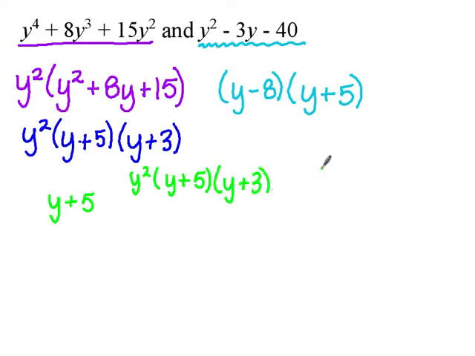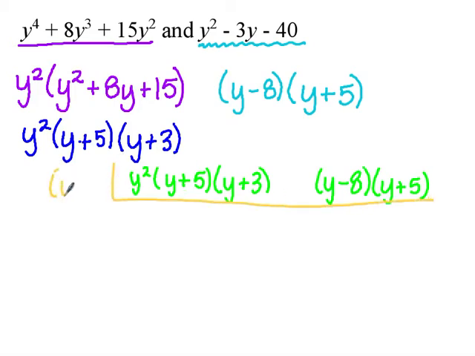Remember how we would line this up, and then we would go y minus 8, and then y plus 5. I wrote those up too high, so I'm going to do that. What we would do now is the L, and then take out the y plus 5. When I take out the y plus 5, what does that leave me with here?